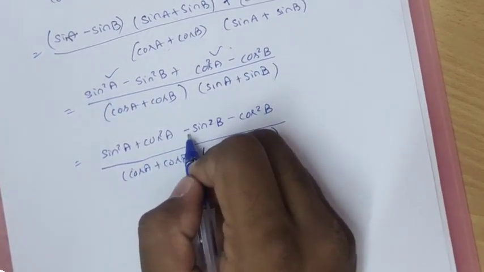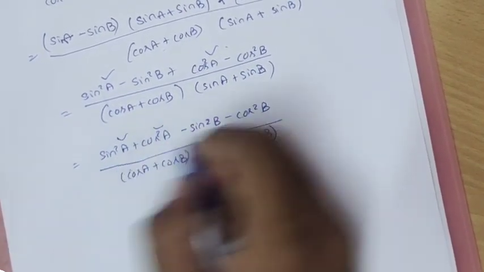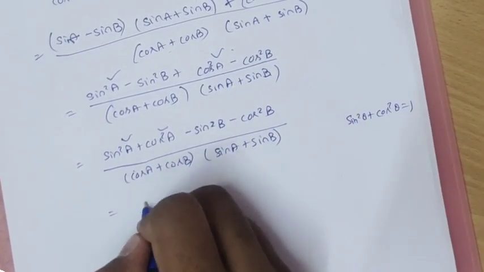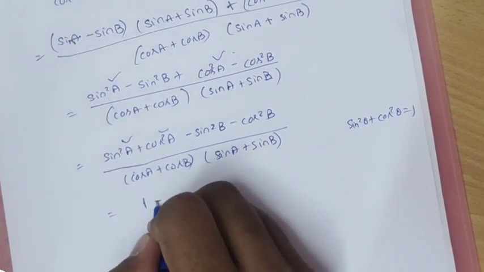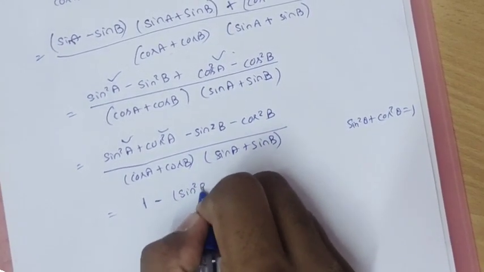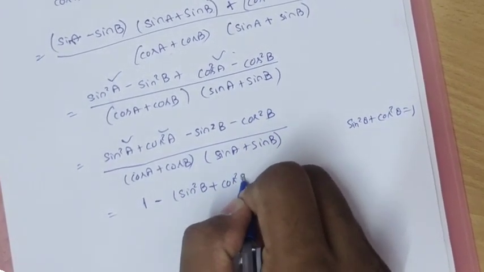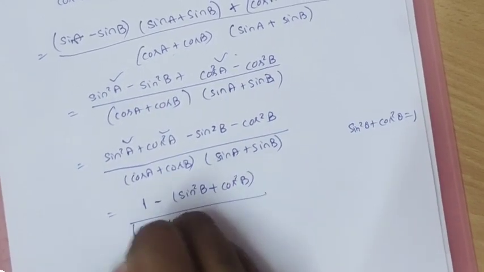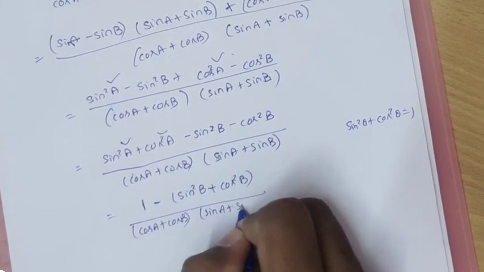Okay now, sin square theta plus cos square theta is equal to 1, so it becomes 1. Similarly, if we take minus common here, we get sin square b plus cos square b, right? All dividing by the denominator as it is, cos a plus cos b into sin a plus sin b.